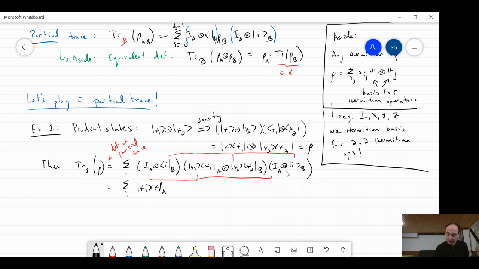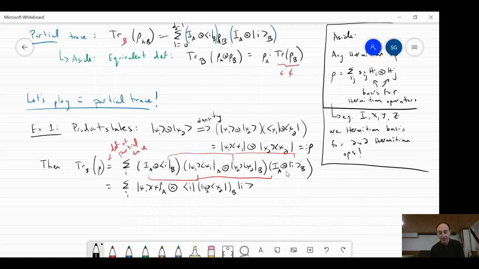On A, okay, tensor. Here, though, I get I, and then psi2 on B. Okay, that's what I get.